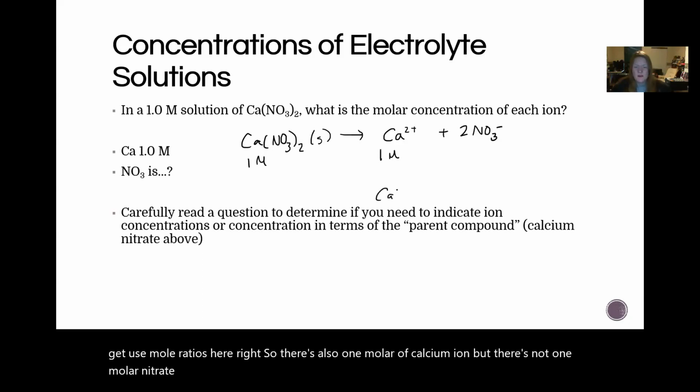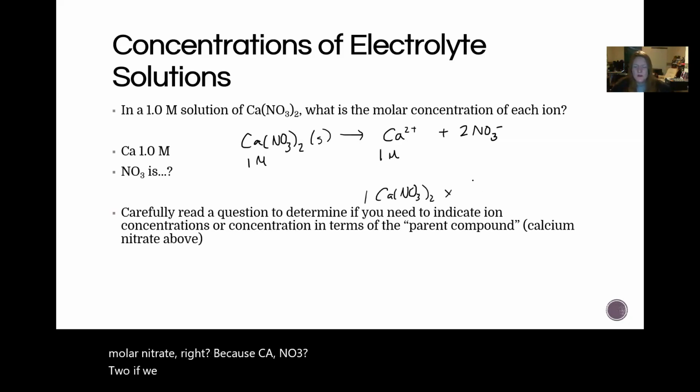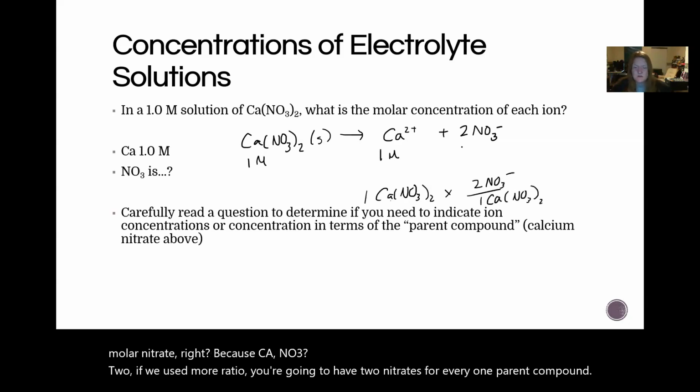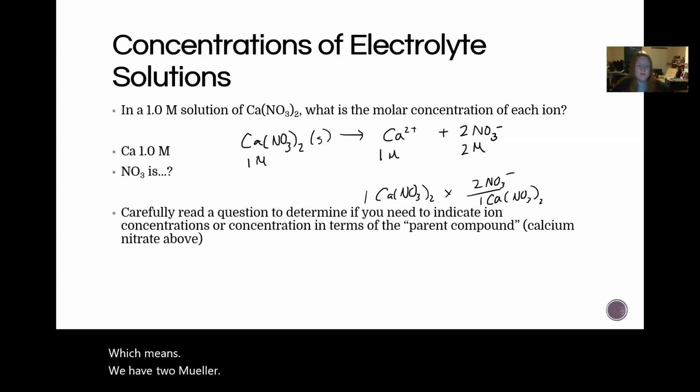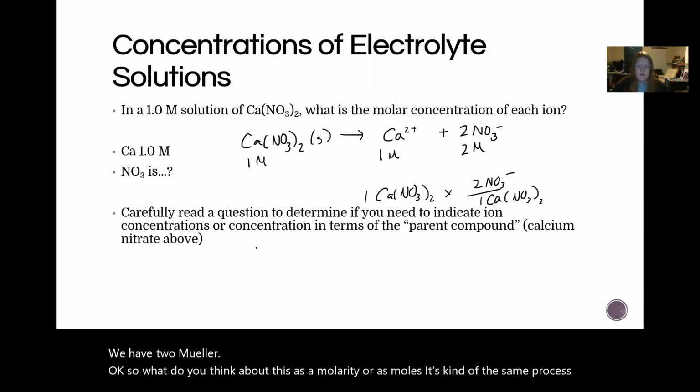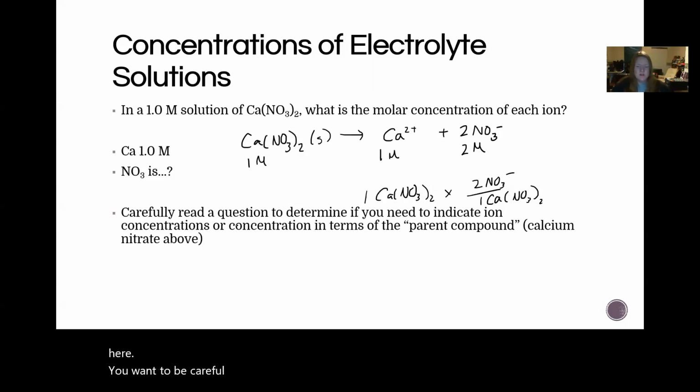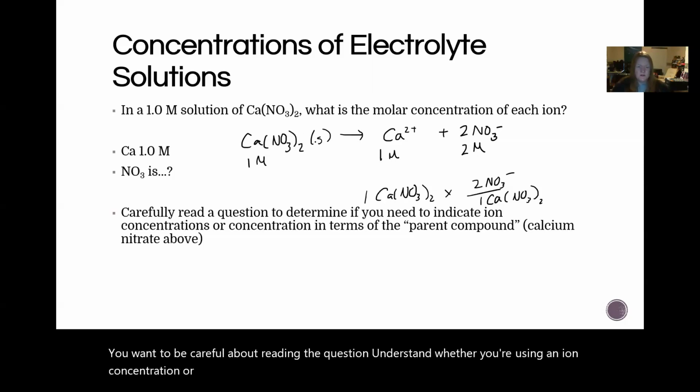Because Ca(NO3)2, if we use molar ratio, you're going to have 2 nitrates for every 1 parent compound, which means 2 molar, okay? So whether you think about this as a molarity or as moles, it's kind of the same process here. You want to be careful about reading the question to understand whether you're using an ion concentration or whether you're using the parent compound, right? It makes a difference.